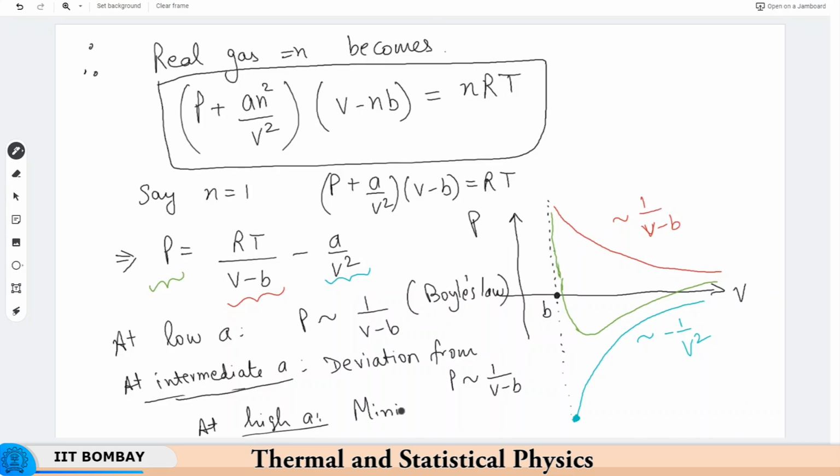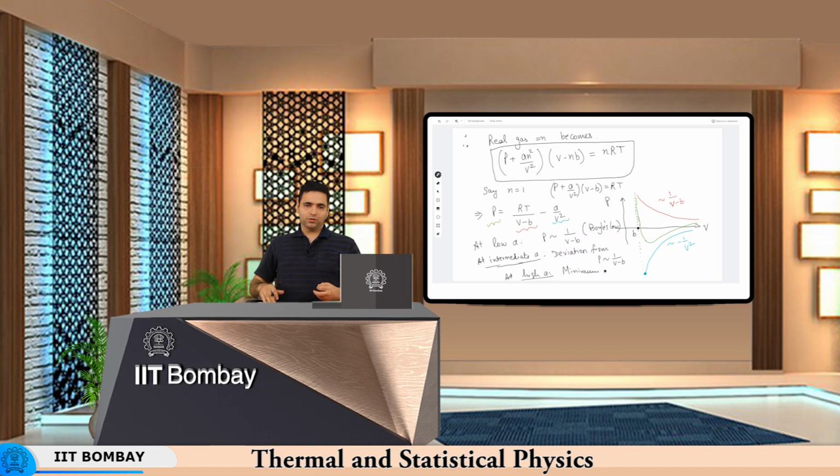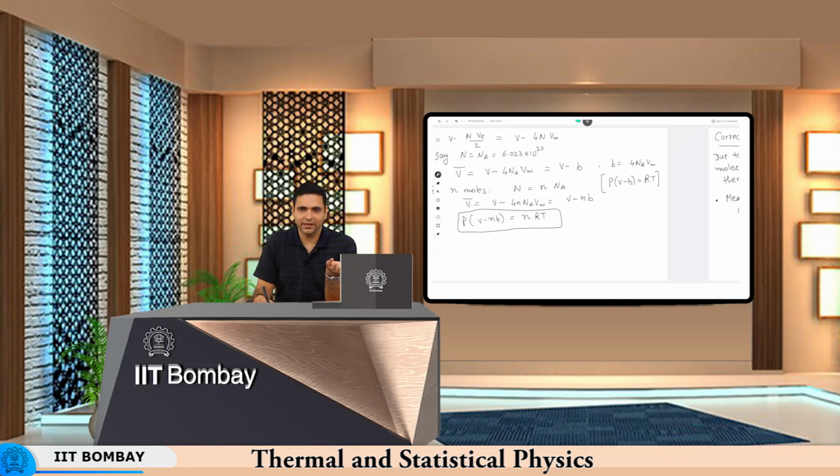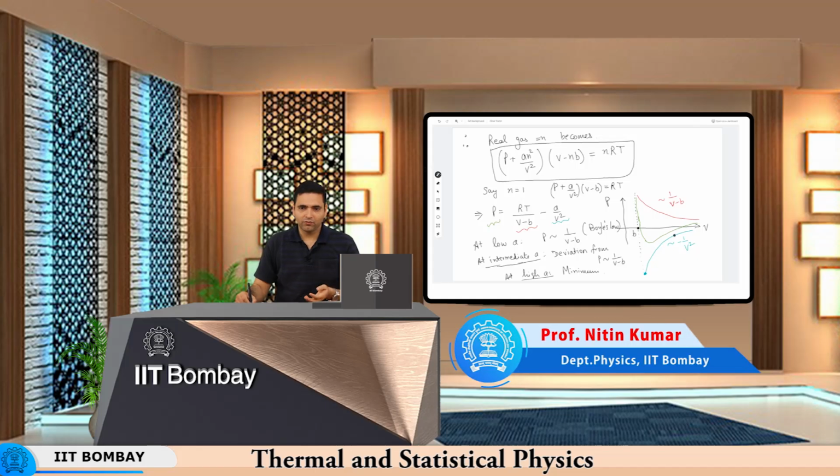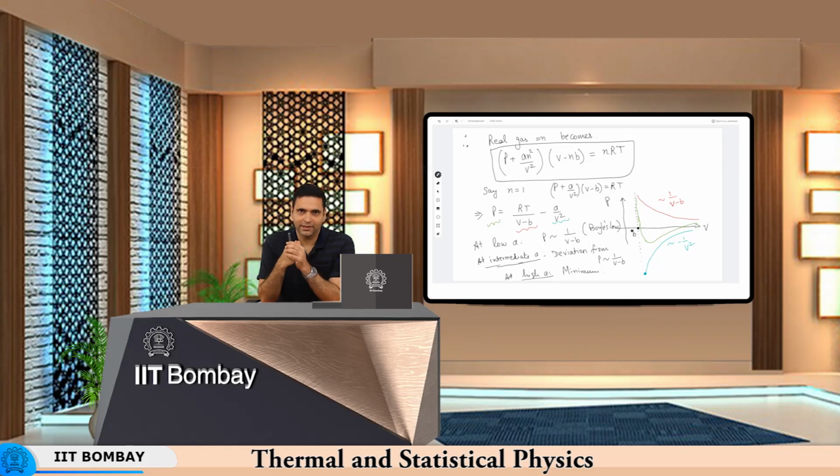We can discuss this in the next class, but what we have achieved after making all these corrections is that when we apply the real gas equation and see the functional form of P as a function of V, this starts matching with the Andrews experiment. In the next class we will continue from this point, and we'll see how we can make sense of this real gas equation and compare it with experiments, and that we'll do in the next class. Thank you.